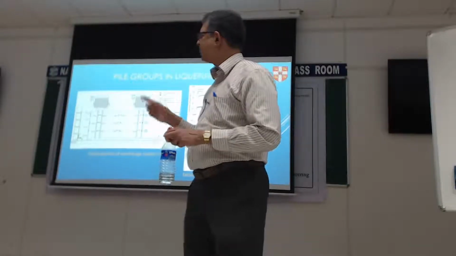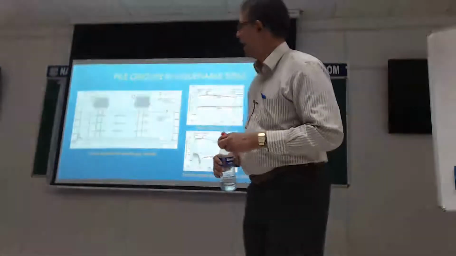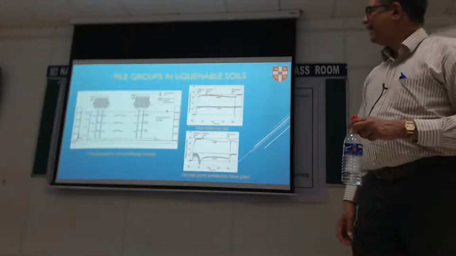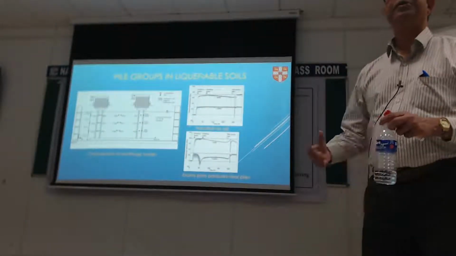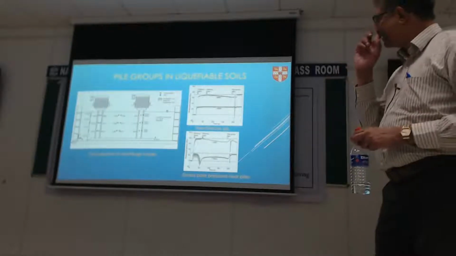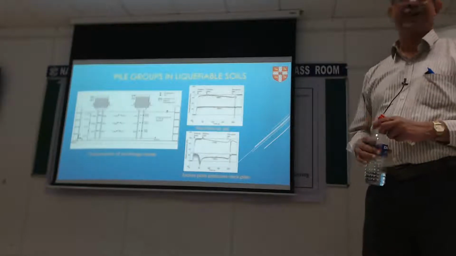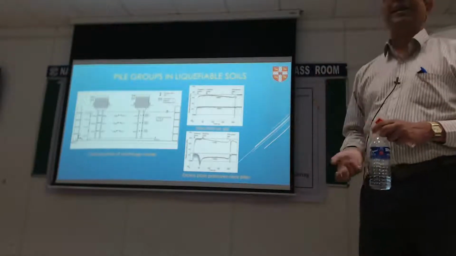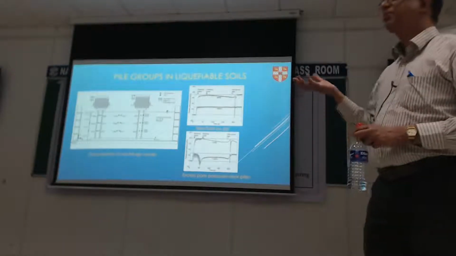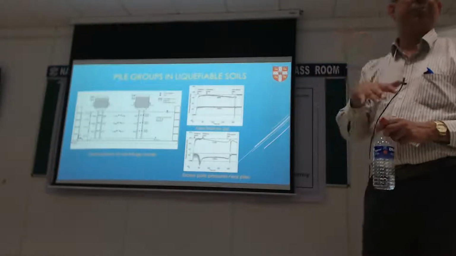So I had another student called Jonathan Knappett, who's a professor at Dundee now, and this guy looked at 2 by 2 pile groups. Now, very quickly we realized that to get to buckling loads on a 2 by 2 pile group, we have to put quite a lot of load on the top.